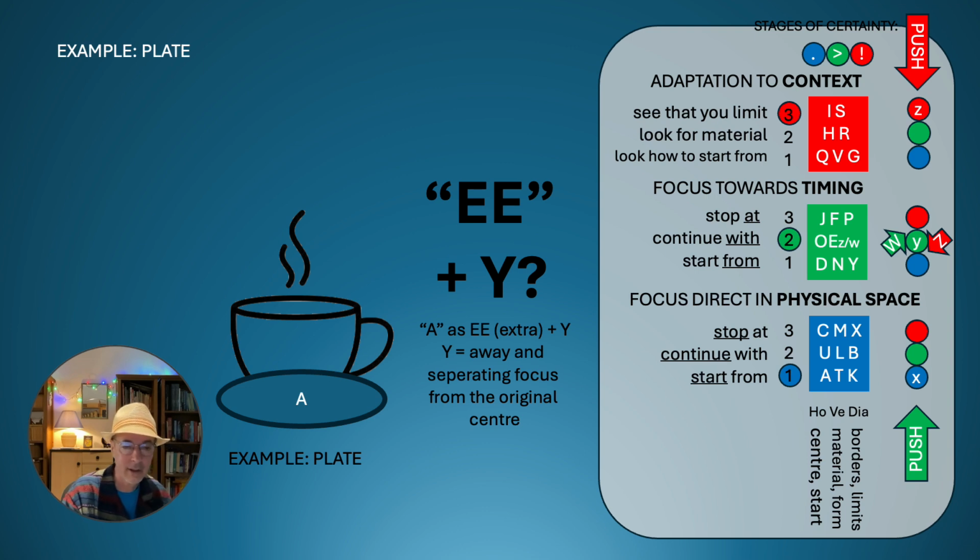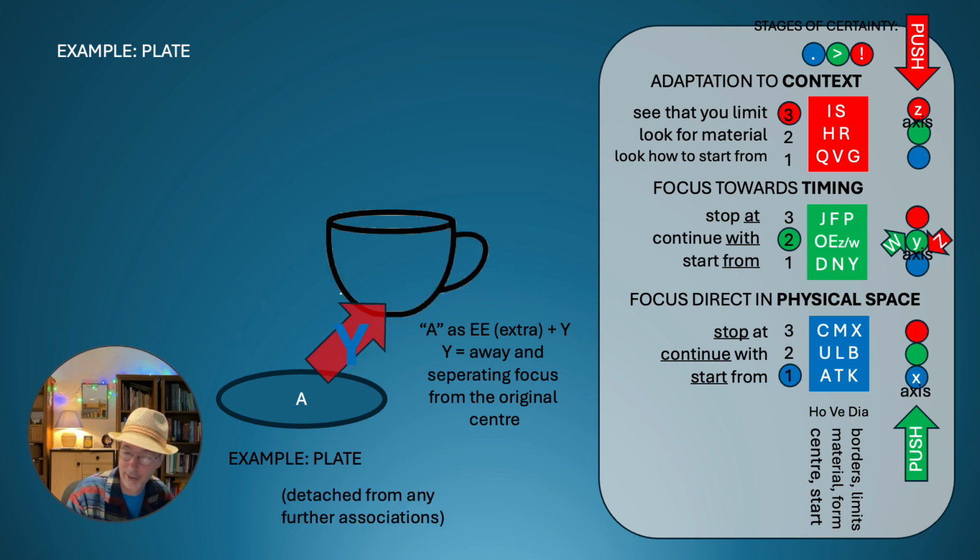It is taking our focus away from the original object here in comparison to the cup, and we see it as we focus also towards a separating focus from the original center. Also that can be recognized in the sound. It has a potential.